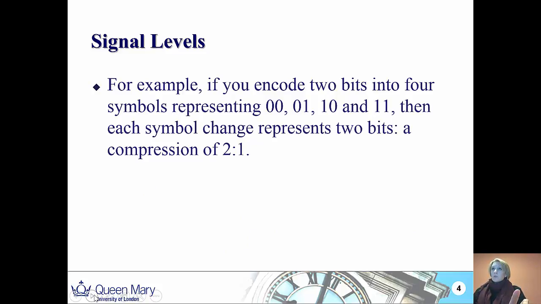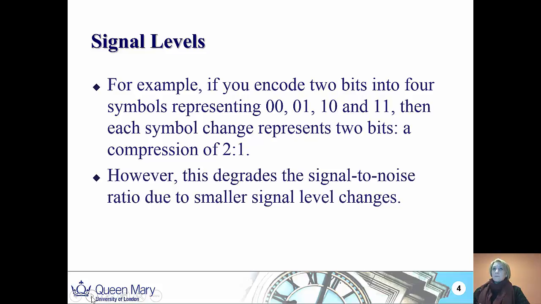If, for example, we encode 2 bits into 4 symbols, so for example 00, 01, 10 or 11, then each time the signal changes, this represents 2 bits of information. As opposed to having 1 bit of information, as we've seen previously, we now have 2 bits. So we're communicating more information within the same amount of bandwidth.